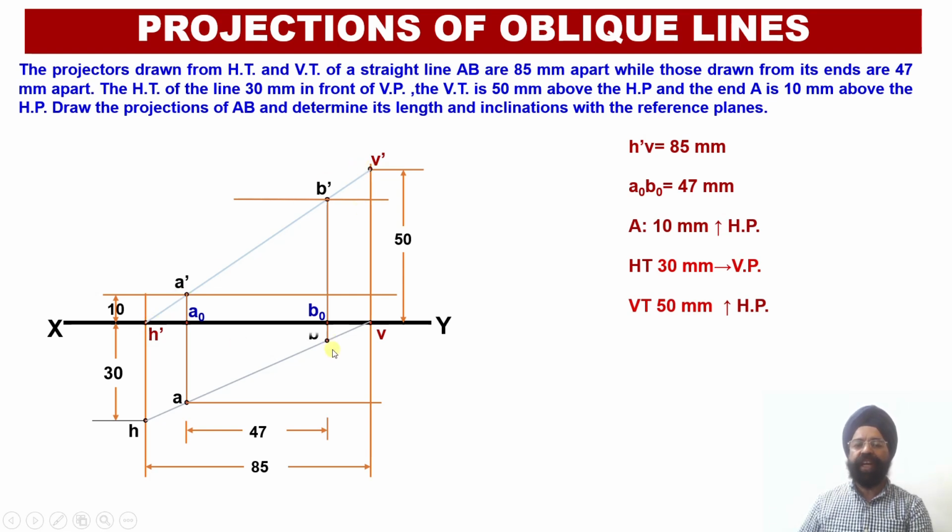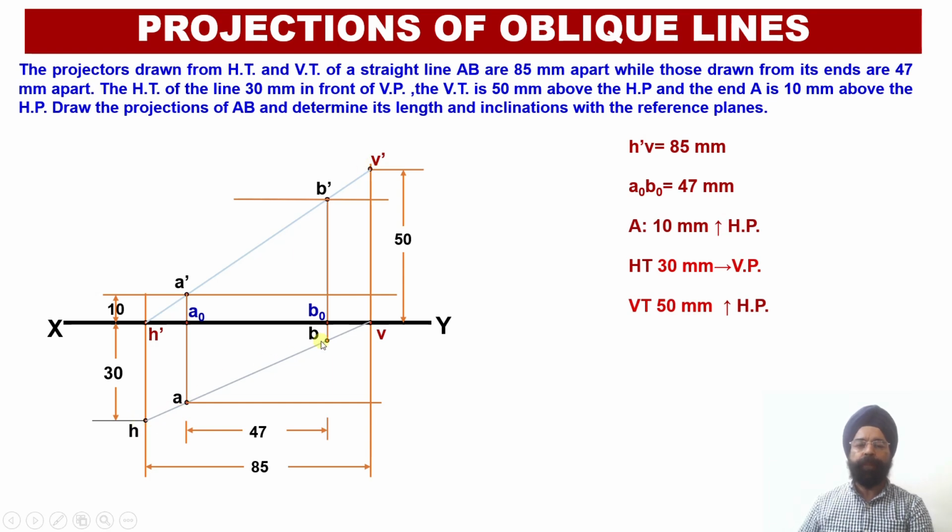So B dash has been located onto the H dash, A dash and V dash orientation line. Point B will be located alongside the orientation of the HV projection line. Now we have verified that A dash, B dash, H dash and V dash will be lying alongside one particular projector line, which will be a straight line.